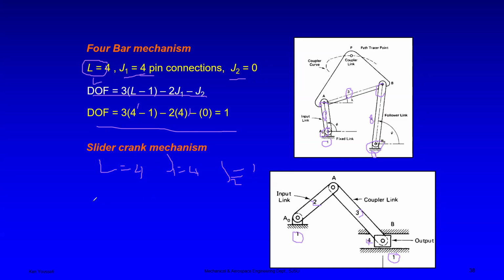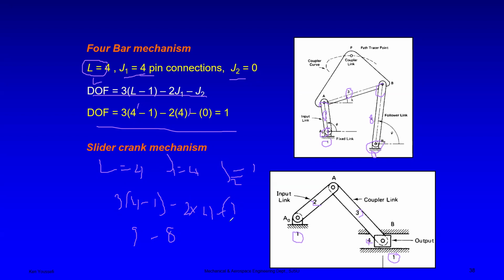So that means that when we substitute in, we are going to have 3 into 4 minus 1, right? Minus 2 times 4. Is that right? Minus 1. This is what? This is 9 minus 8, right?